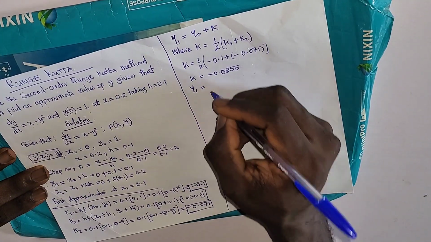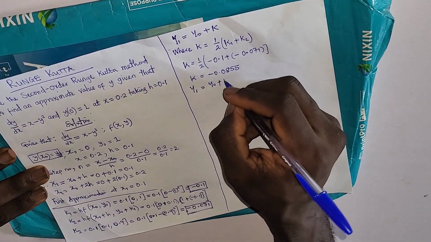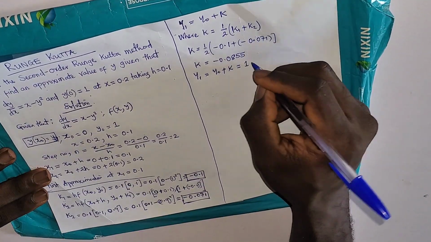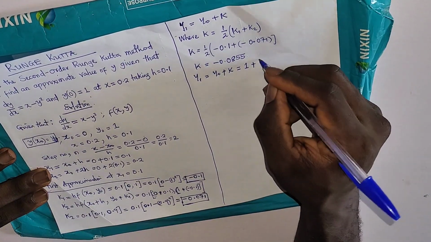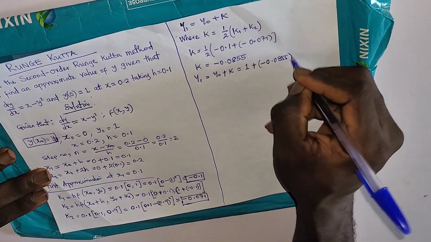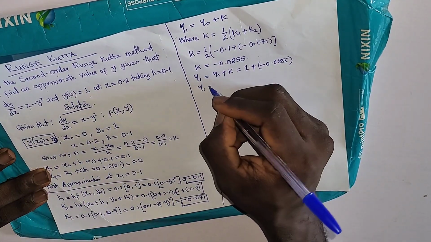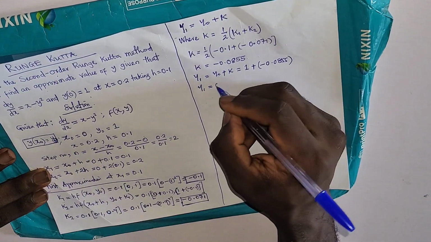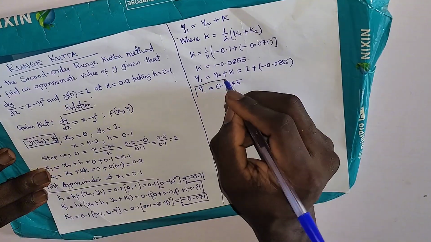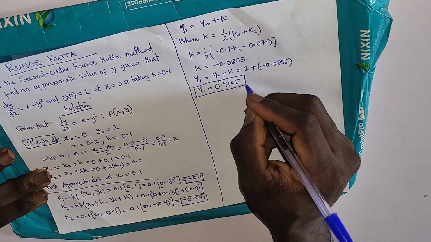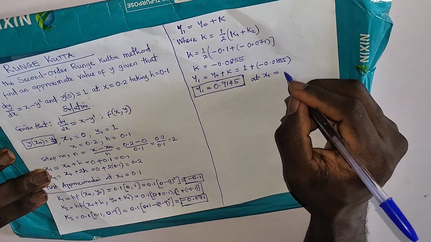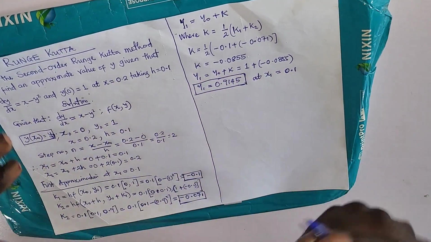So y1 is equal to y naught plus k. That will be equal to y naught, which is 1, plus negative 0.0855. So y1 will be equal to 0.9145. That is the value of your y1 at x1 equals 0.1. Is that all? No, that's not all.